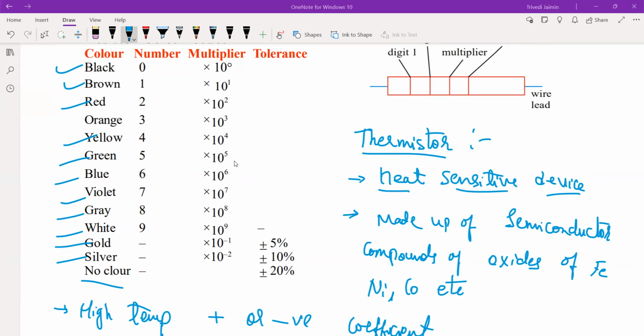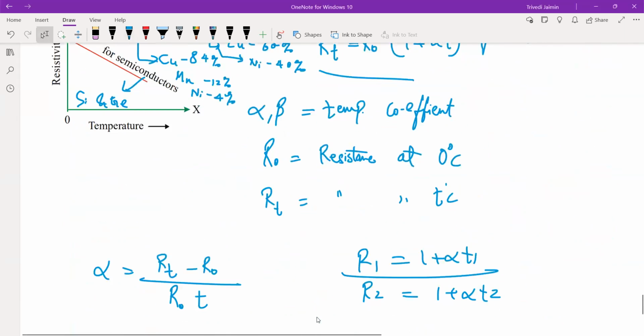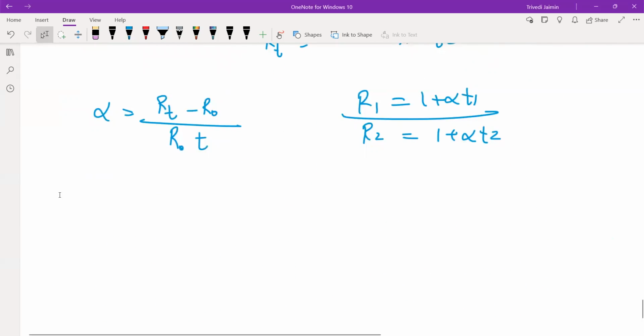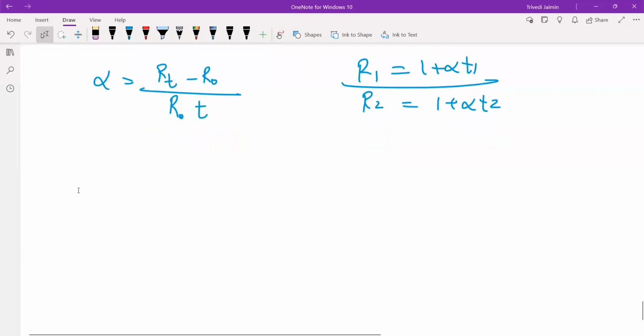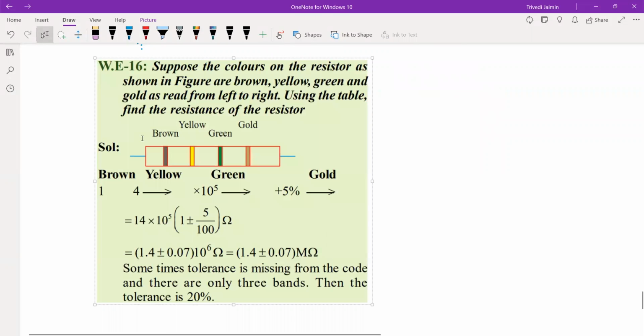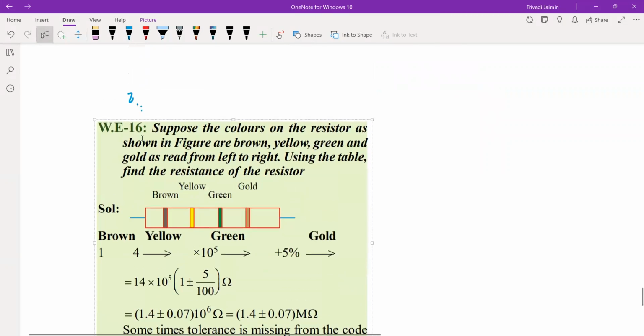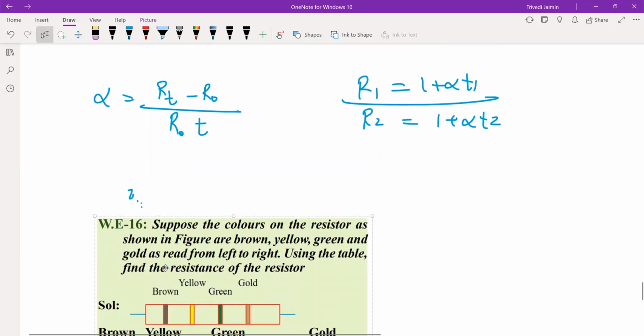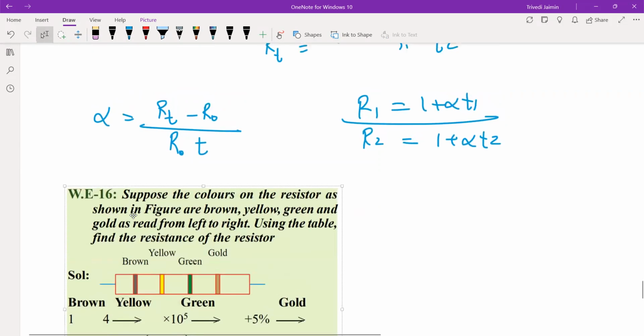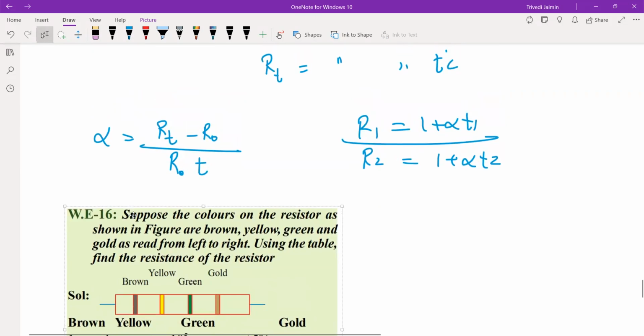Okay, let me show you with example answers. Answer is there already. It's okay, this is just an example. Try this question, then I'll show you the answer. First try it.